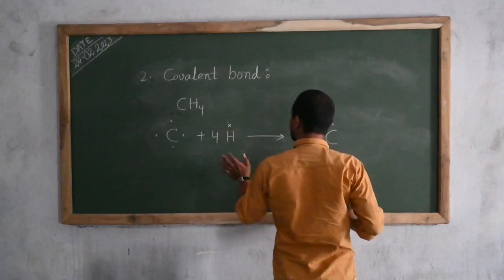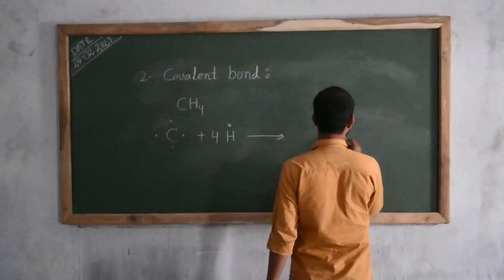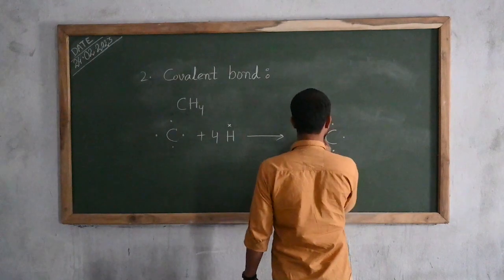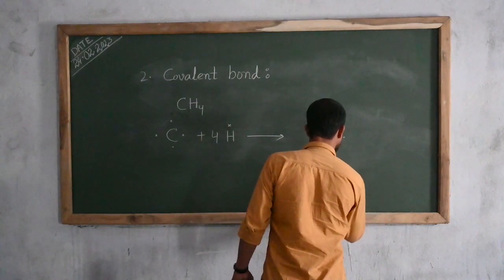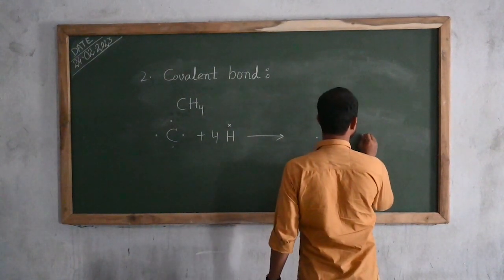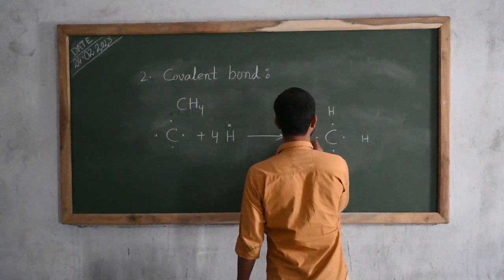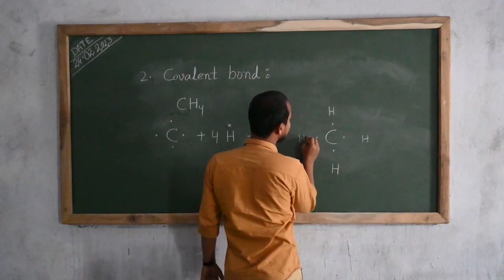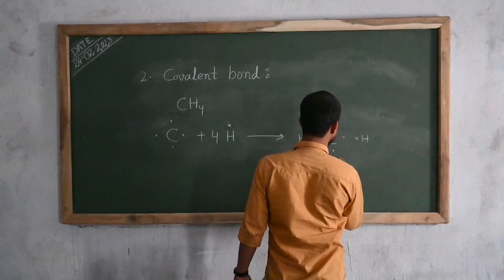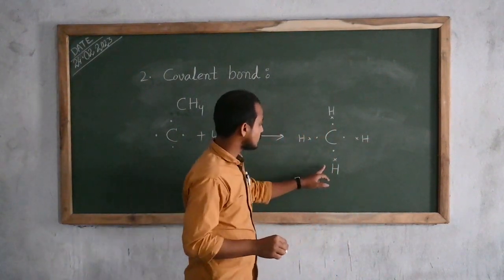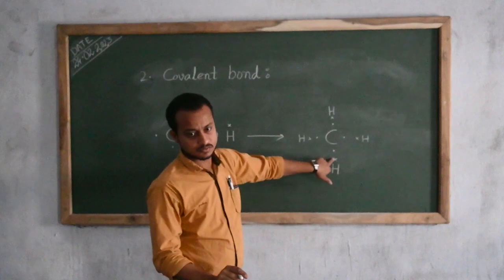To identify the electron of hydrogen, we write it like this. Each hydrogen atom has 1 electron, so 4 hydrogen atoms have 4 electrons.